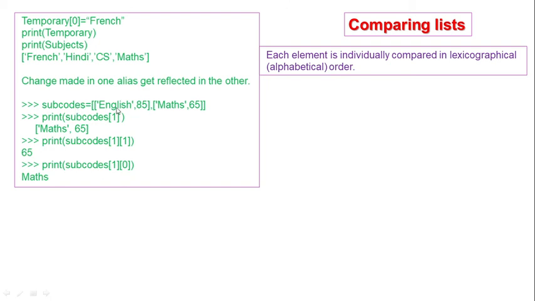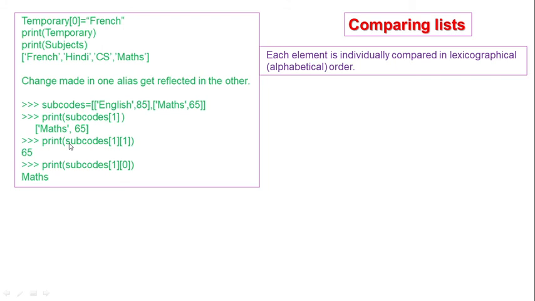Subquotes of 0 is English, 85 together. Hope you get the idea, because English, 85 itself acts as a single item, because it's a list. And Maths, 65, that will be 1. So print subquotes of 1, here English 85 is 0 and Maths 65 is 1. So Maths 65 is the result.